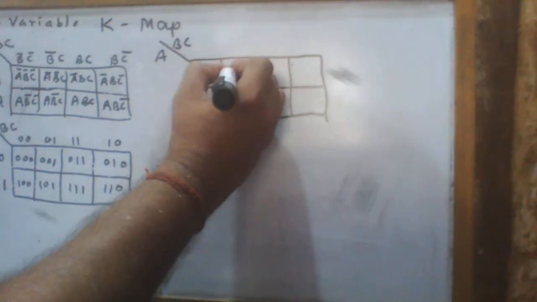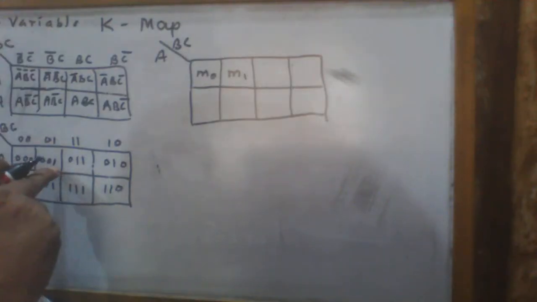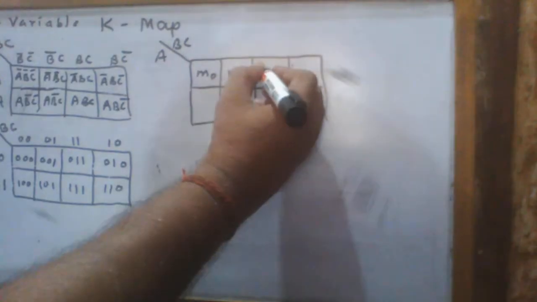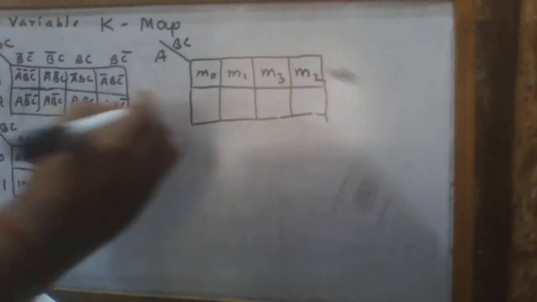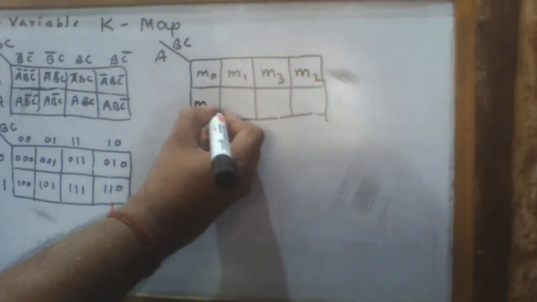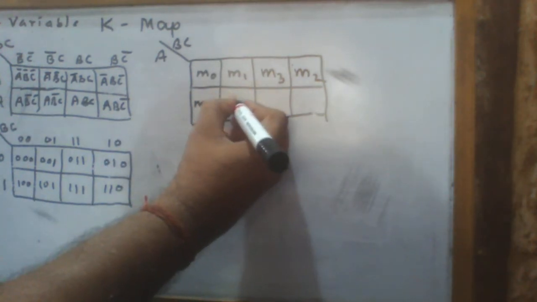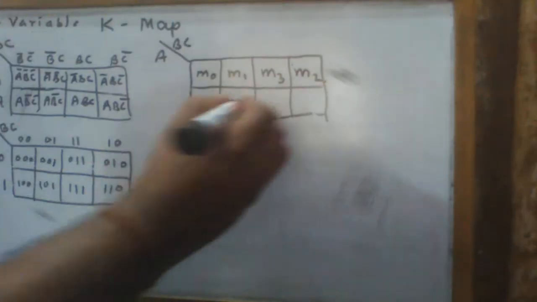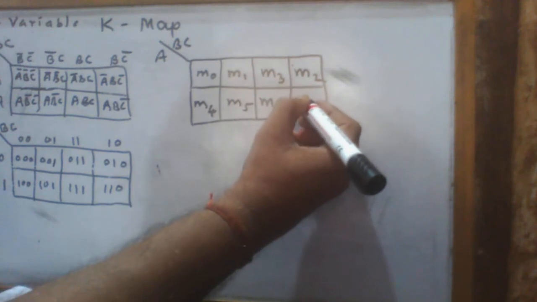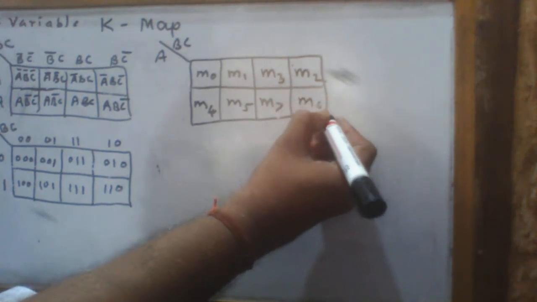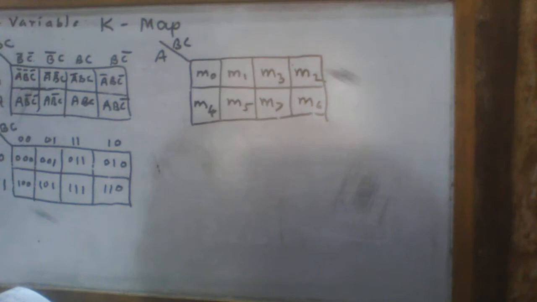Here I will write M1. 0, 0, 1 stands for M1. 011 stands for M3, 010 stands for M2, 100 stands for M4, 101 stands for M5, 111 stands for M7, and 110 stands for M6. This is also the method of writing three variable K-map. Okay, these are different methods for writing K-map.